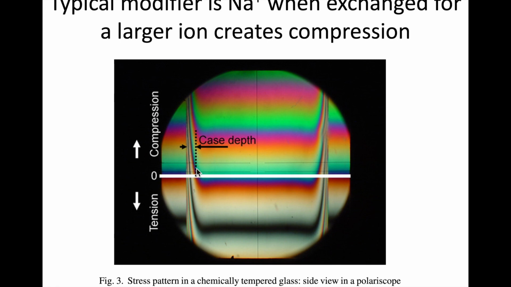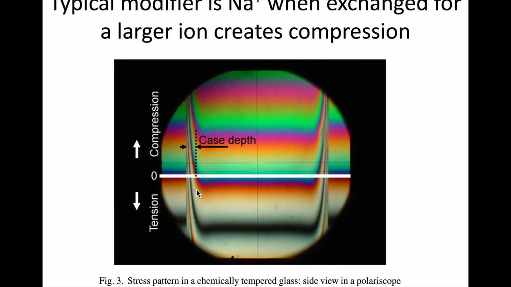And so you can see what they call the case depth, so how far it penetrates from the surface. But the interior is unaffected, or you can see some tension even on the outside.